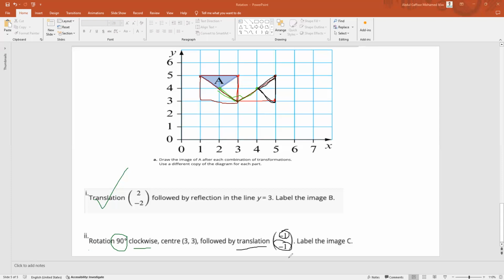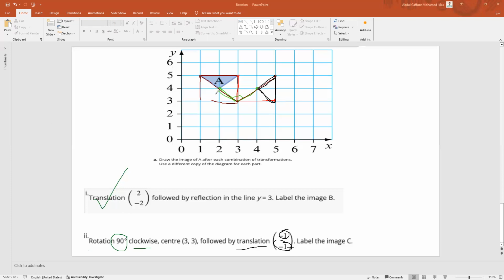The first number indicates the movement along the x-axis and the second number indicates the movement along the y-axis. So -1 means movement along the x-axis, and this point is going to move by this unit.